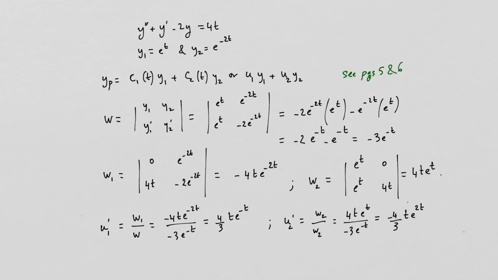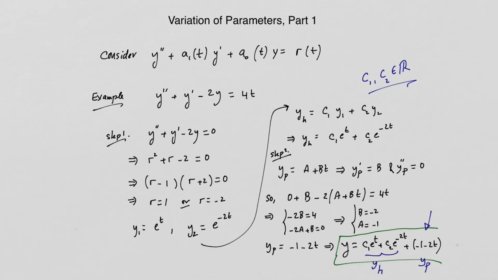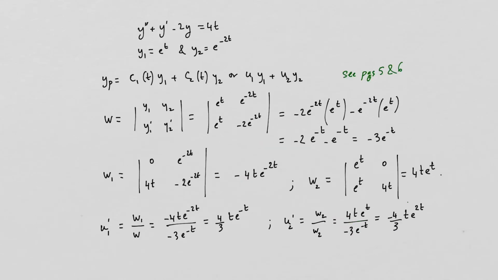Everything is simple, and we should be able to find my particular solution. Again, you might say, why are you doing all of this when you can do it so fast from here to here? It's because this is an easy one. And if I have a much harder one, this method would not work. So we had to resort to the variation of parameters.